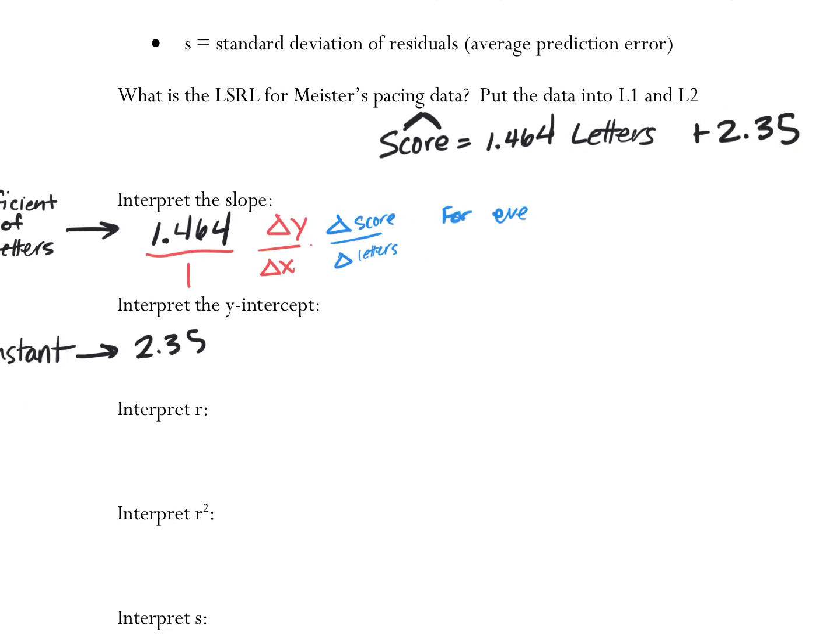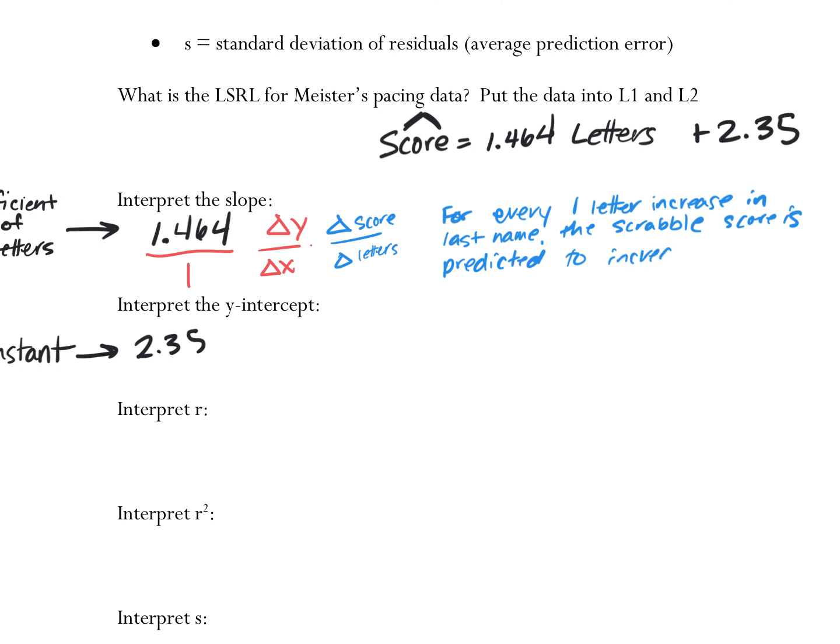For every one letter increase in last name, the Scrabble score is predicted to increase by 1.464 points.